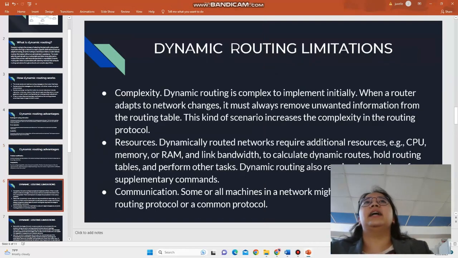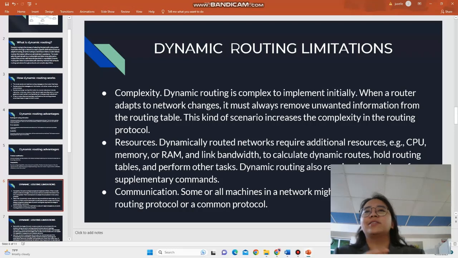So, the dynamic routing limitations. First, complexity. Dynamic routing is complex to implement initially. When a router adapts to network changes, it must always remove unwanted information from the routing table. This kind of scenario increases the complexity in the routing protocol. And then resources.